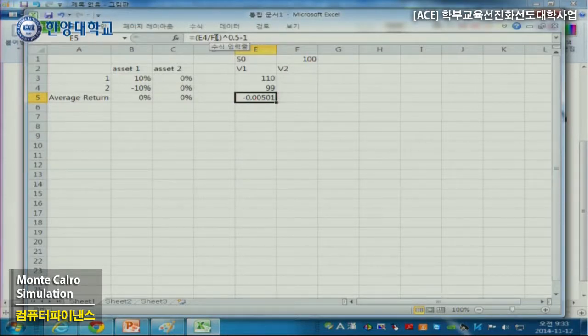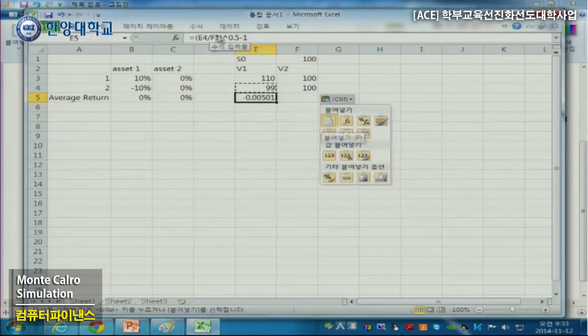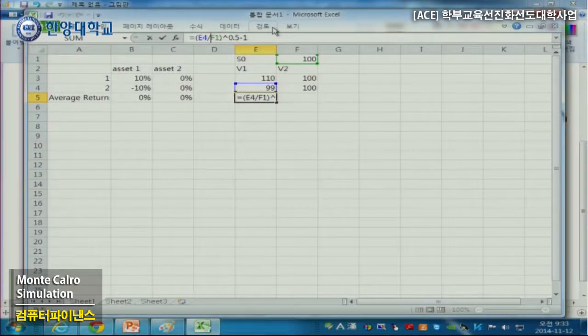And of course, in the second case, it is always 100. So this is of course 0%, right?